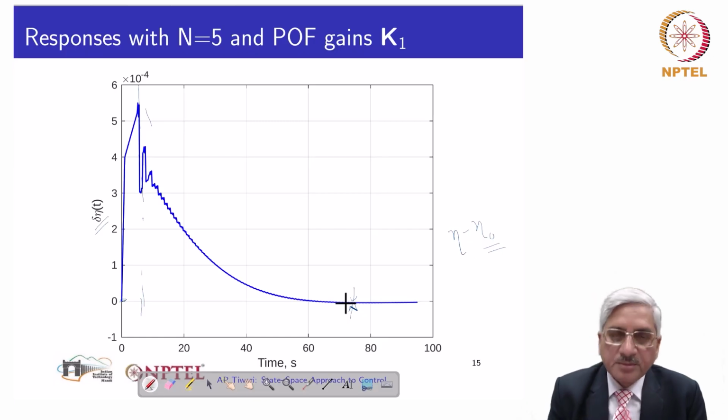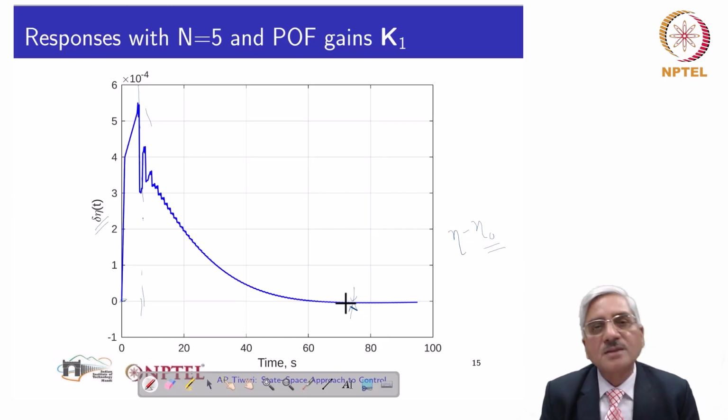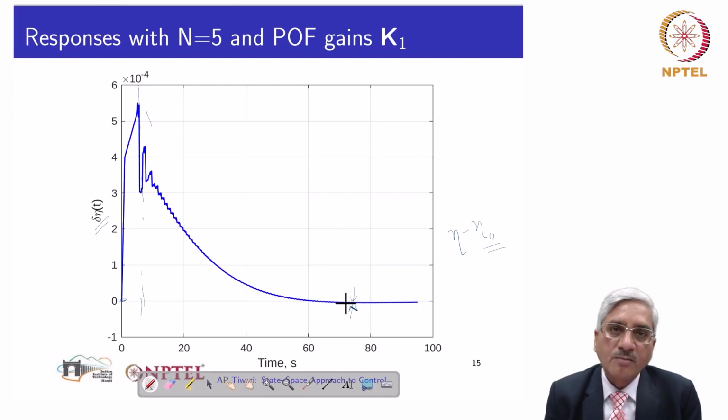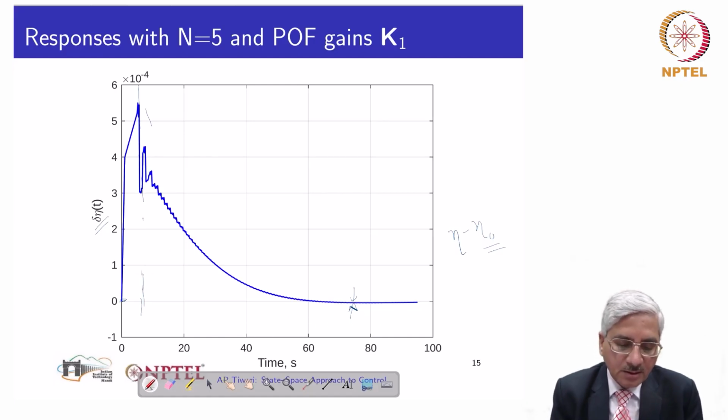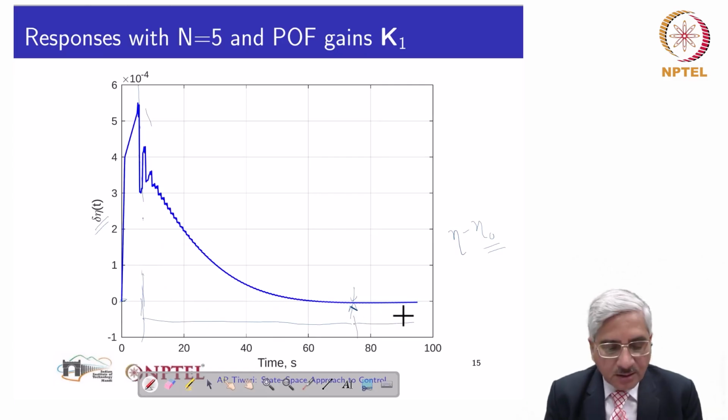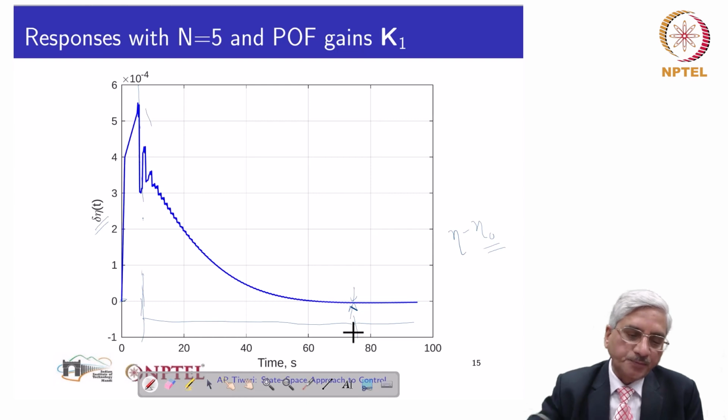So the system corrects the neutron density without much of the undershoot. That is the point to be noted. And of course, the time in which this neutron density is brought to the equilibrium is quite large, of the order of 70 to 80 seconds.